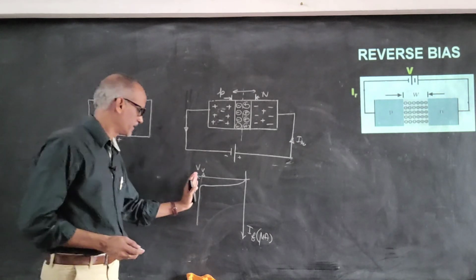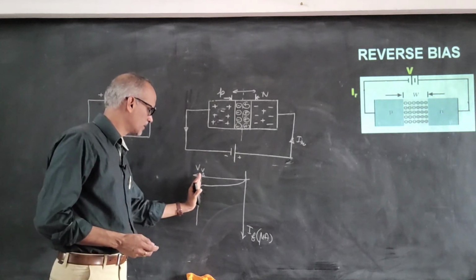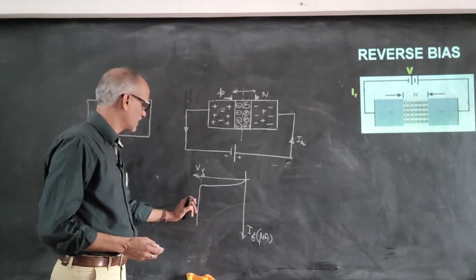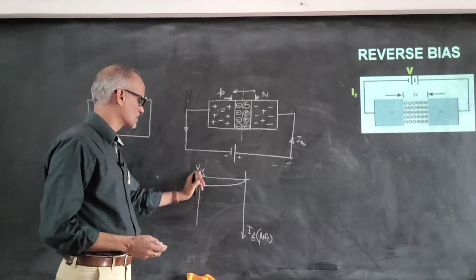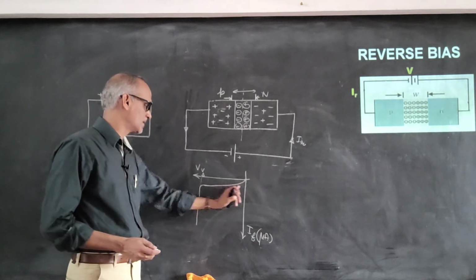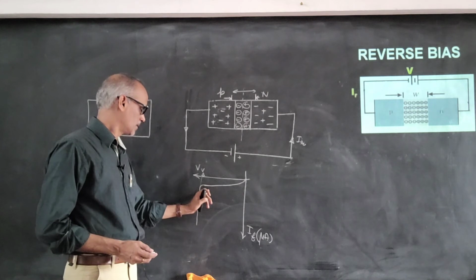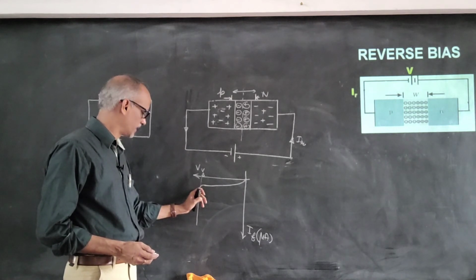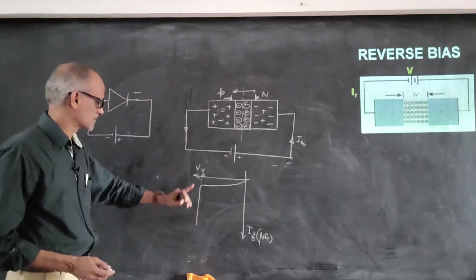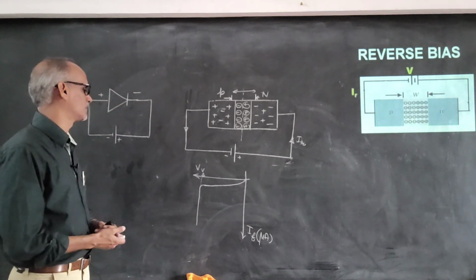That takes place only beyond a certain voltage, where the current increases for almost constant voltage. For this part of the region, as the voltage increases, the current remains almost constant, but beyond a certain voltage the current increases. So this is the kind of graph that we get in the case of reverse bias.